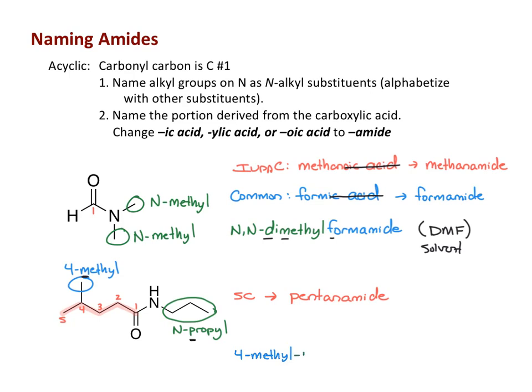Then you have the N-propyl. And then the parent is pentanamide. Again, remember you're alphabetizing these substituents by the M, not the N in N-propyl.